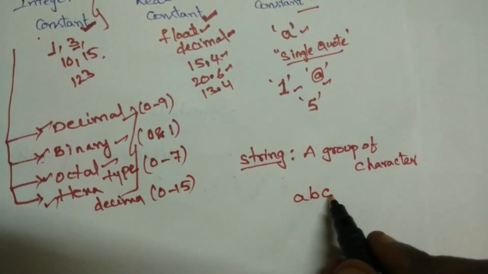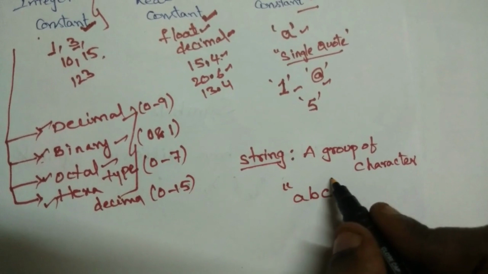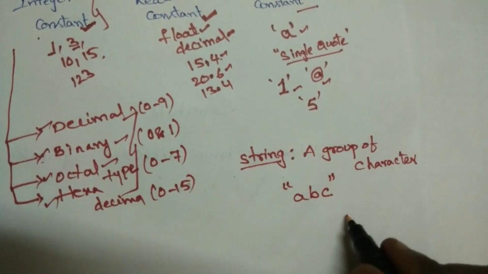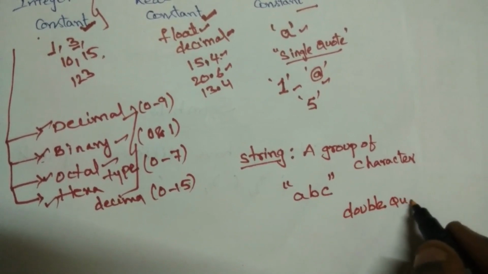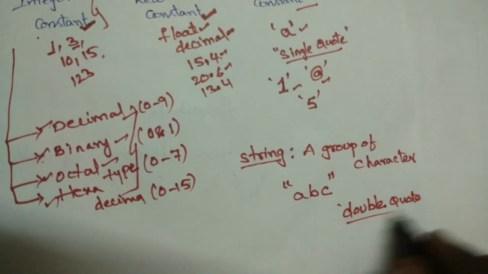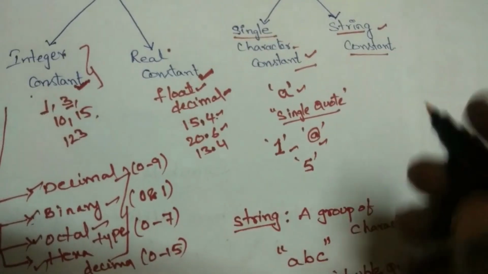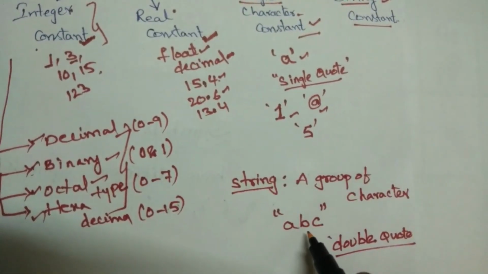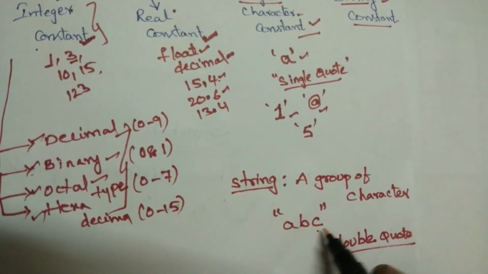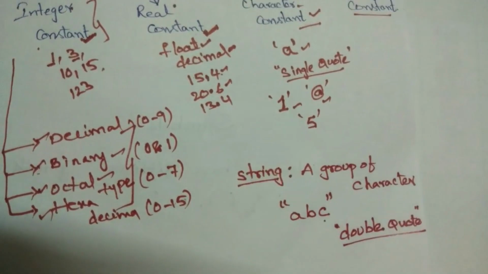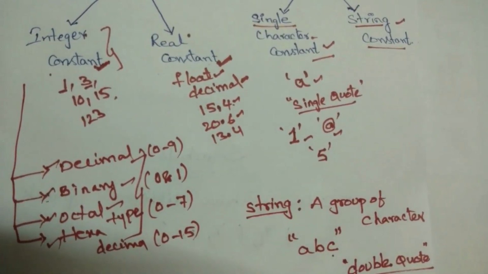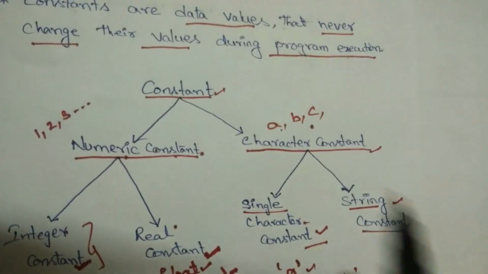This group of characters we can represent within double quotations, and that is called a string. What is meant by string constant? A group of characters represented within double quotes is called a string. Clear?